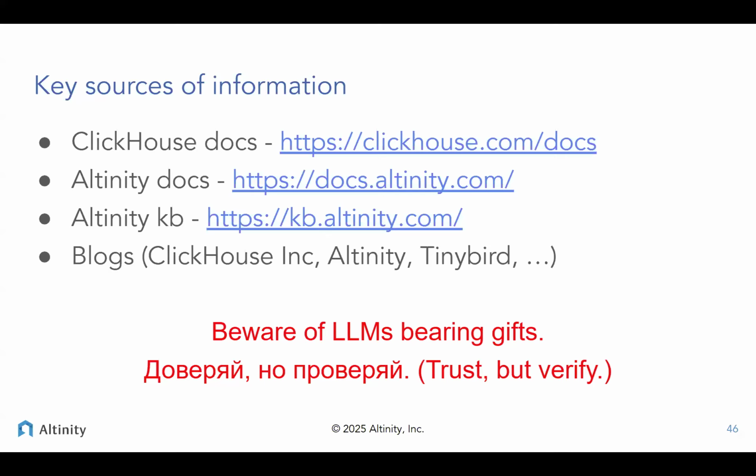It's not like Python, where there are billions of lines of code that you can train on. This stuff is complicated. So if an AI tells you, hey, you don't have to worry about detached parts, just delete them, that's actually not the right answer. So just verify what it's telling you.